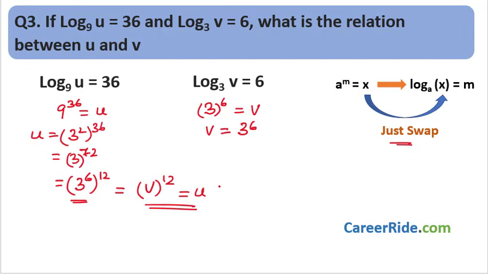Now you will have to see what kind of option is given to you. If it is given directly, you can say u is equal to v to the power 12, or if they have twisted it around, you can see it accordingly. But a very, very easy question to solve. You don't have to get scared at all.